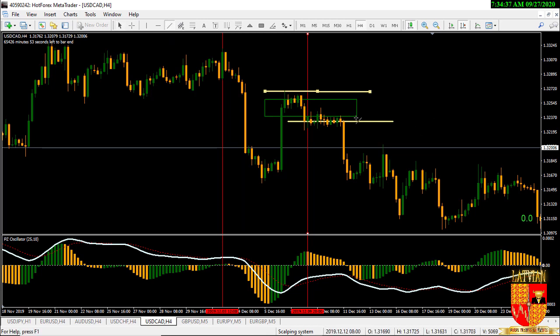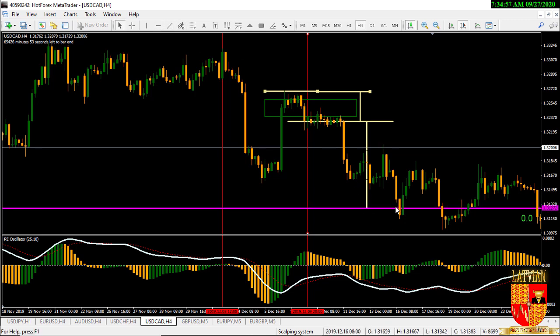And then your take profit should be a 1:3 risk to reward. So that's 1, that's 2, and then that is 3. So your target would have been reached most likely right there, okay.